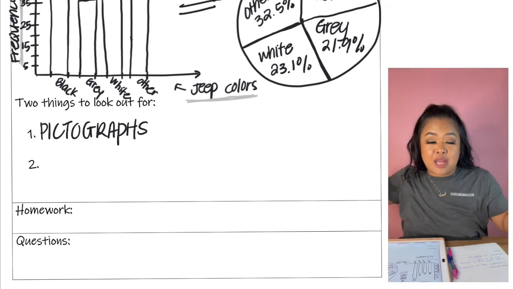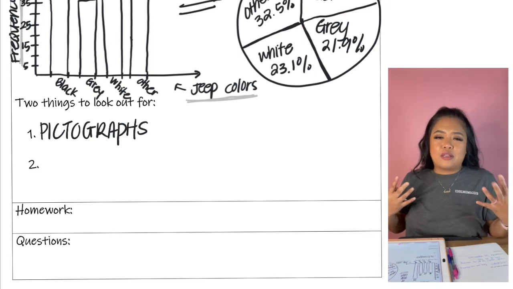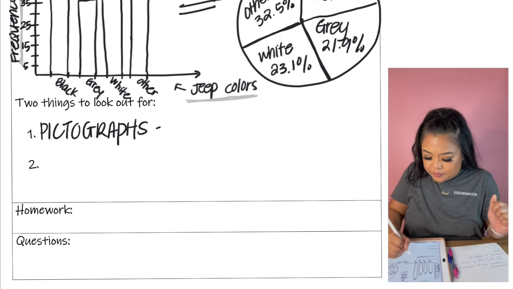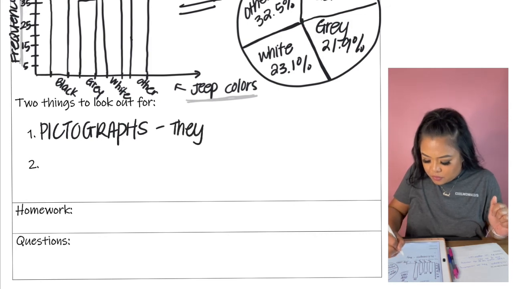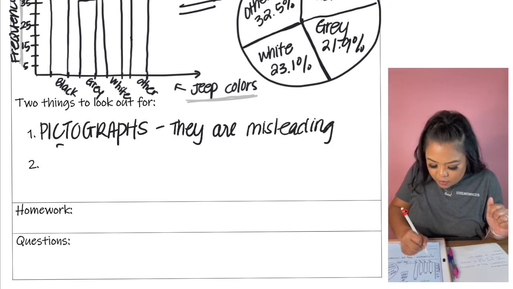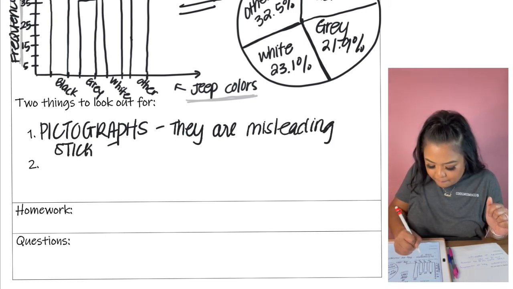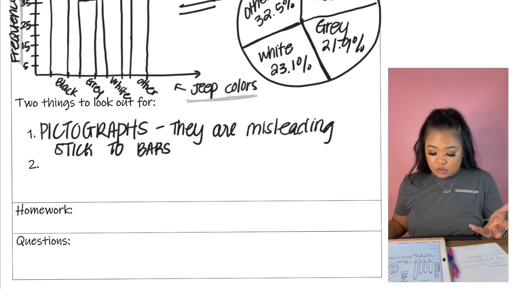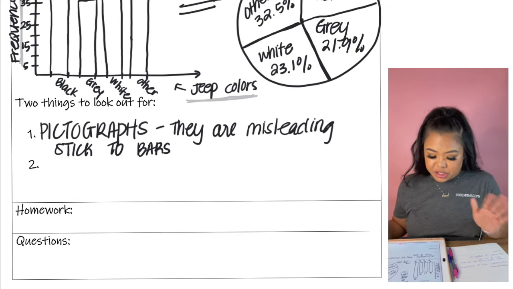The area is just getting bigger, and for our eyes that makes a huge difference in the way we see things, so they are misleading. So stick to bars. Pictographs are misleading. I highly recommend just sticking to bars.